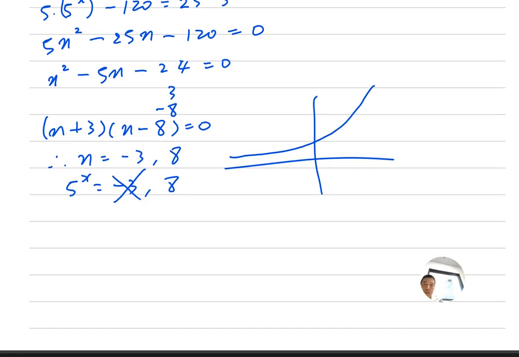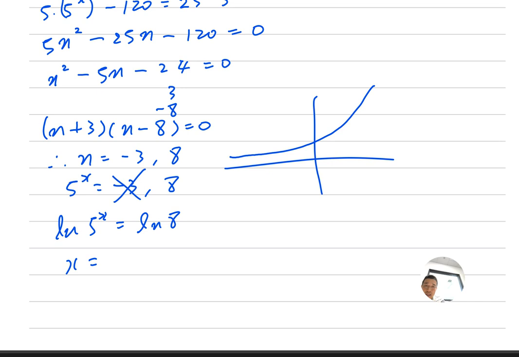So solve means find x. Because 5 to the power of x is 8, what you have to do is put ln or log, either, on both sides. ln is natural log, by the way. So that means x comes to the front. So x ln 5 equals ln 8.